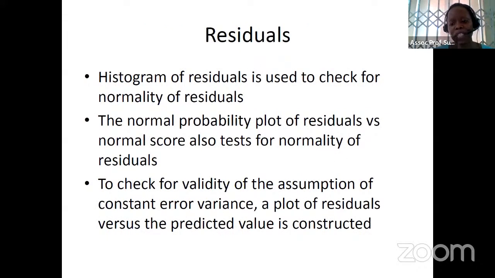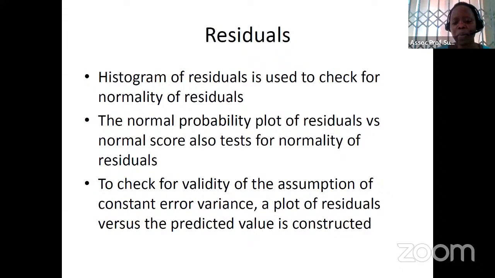If the model violates any of the assumptions, then we have to do something to make sure that all the assumptions are valid. For us to test that residuals are normally distributed, we use a histogram. You construct a histogram of residuals, and in case you get a bell-shaped curve, then the residuals are normally distributed.